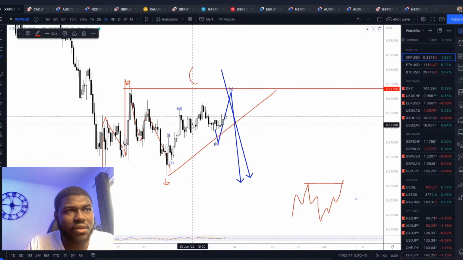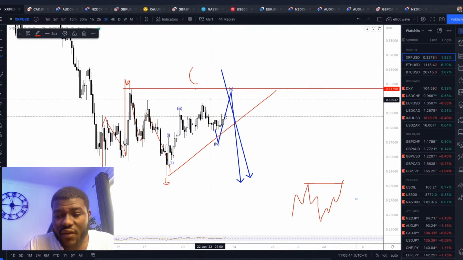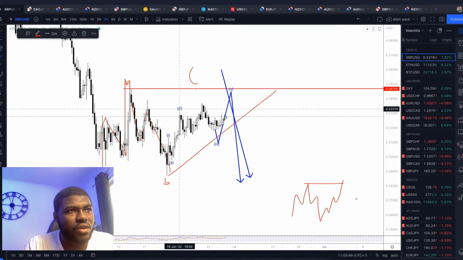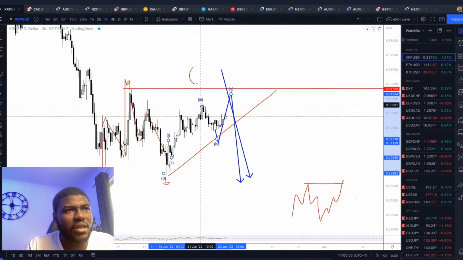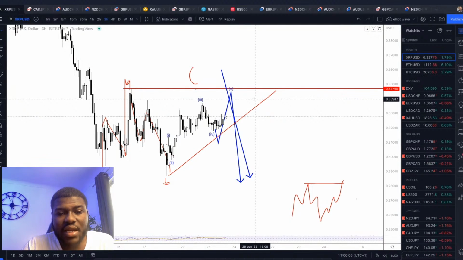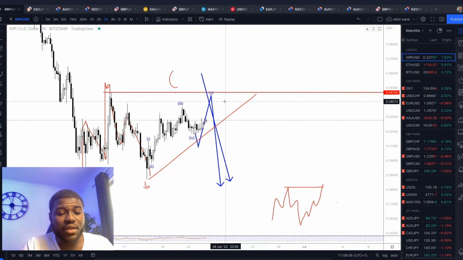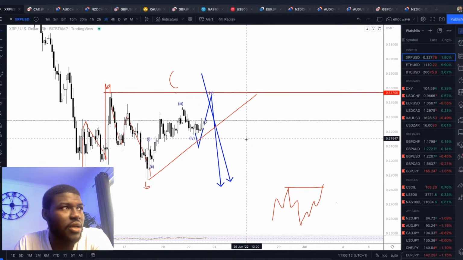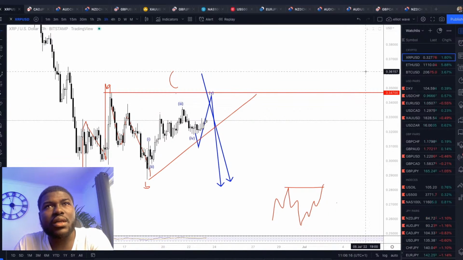But at the same time, I thought that can be the end of the 5 waves. So it's very possible that what we just saw here, the whole of this move, is our wave 3 to the upside, and this correction is wave 4. Then we're expecting another push to the upside, which is going to give us wave 5. Then after that, we can now be anticipating a bearish fall on the longer time frame for Ripple. So that's that for Ripple.